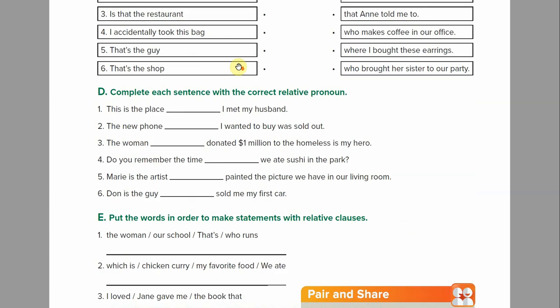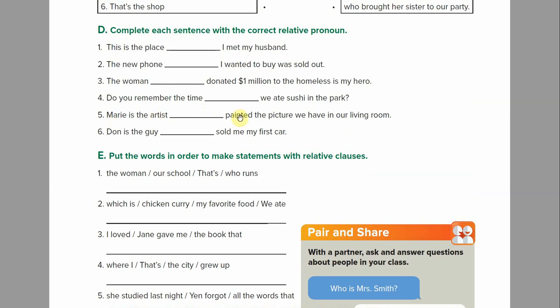So, Marie is the artist that painted the picture, or Marie is the artist who painted the picture. Both are correct. Number six: Don is the guy blank sold me my first car. Same as this one, probably who is more correct. Don is the guy who sold me my first car. You can also use that because that refers to a person or a thing. So there you go, that's exercise D.